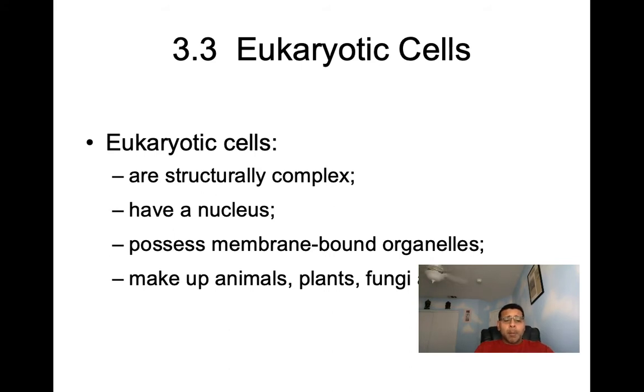Eukaryotic cells possess a variety of other organelles also, besides the nucleus. Cell walls can be found in some eukaryotic cells. So some eukaryotic cells have a permeable but protective cell wall in addition to the plasma membrane. But most of the time it's absent.